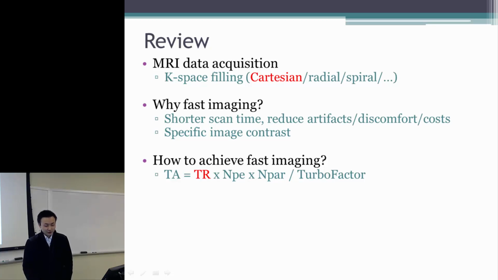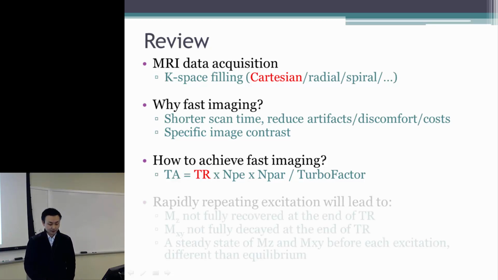Usually, if we collect a multi-echo sequence, it immediately increases the scanning speed by n-fold. In this chapter, we only focus on shortening the TR to achieve fast imaging.